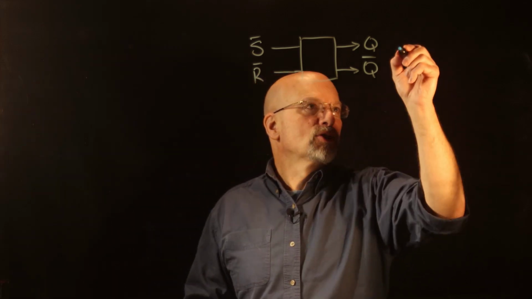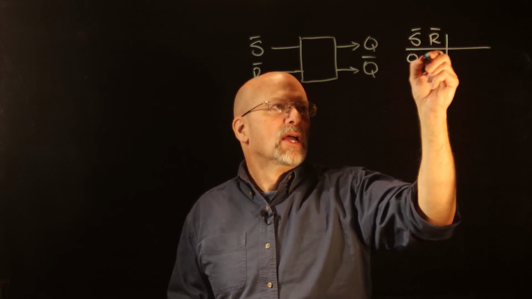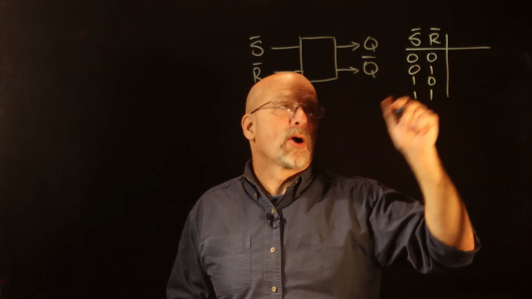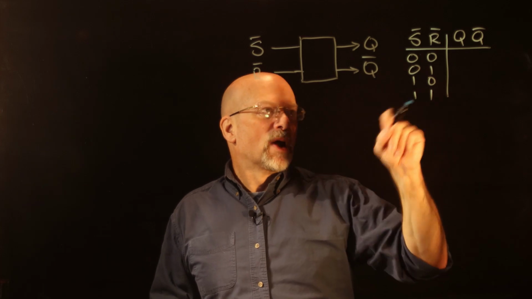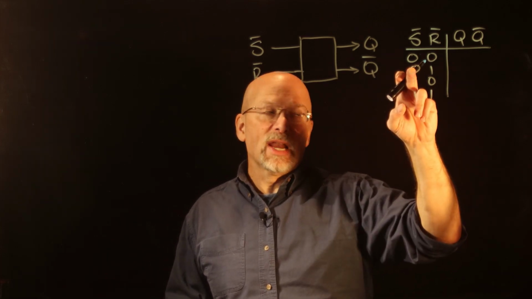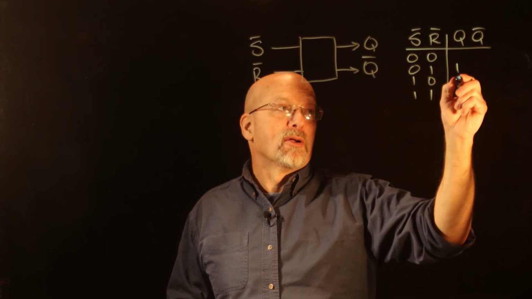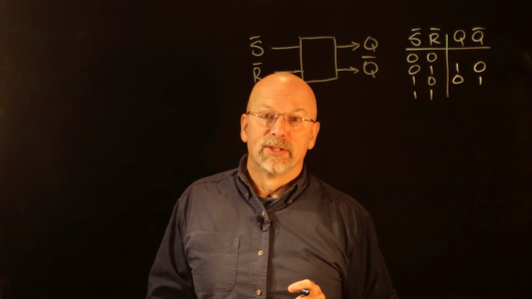If we looked at the truth table for the S-R latch, we had S bar and R bar, with the 4 possible combinations of 1s and 0s they can take on. We have our outputs Q and Q bar. If we had a 0 on S bar, we set Q. If we had a 0 on R bar, that reset Q. Q bar is always going to be the opposite.